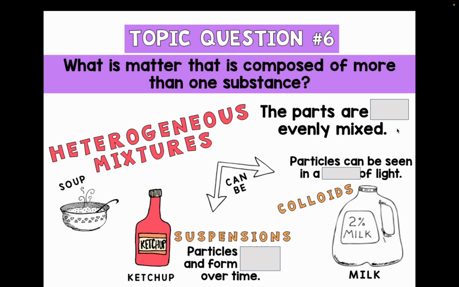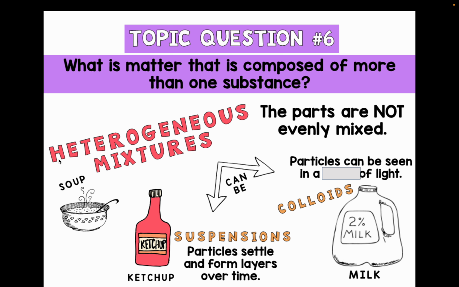The parts of a heterogeneous mixture are not evenly mixed. So some examples of some heterogeneous mixtures are something like soup, where you've got little chopped up vegetables mixed in broth. You could consider that a suspension, or something like ketchup is a suspension. In a suspension, the particles can settle and form layers over time.